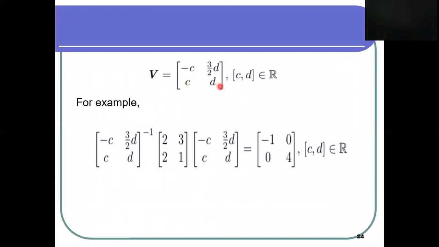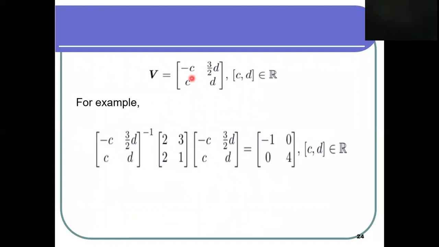If you take its inverse, the inverse of this multiplied with matrix A and then the resultant matrix, we get the columns which are the eigenvectors of the corresponding eigenvalues.